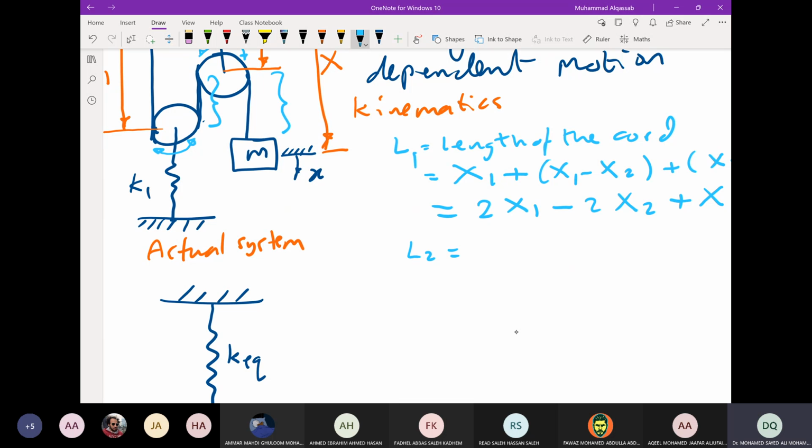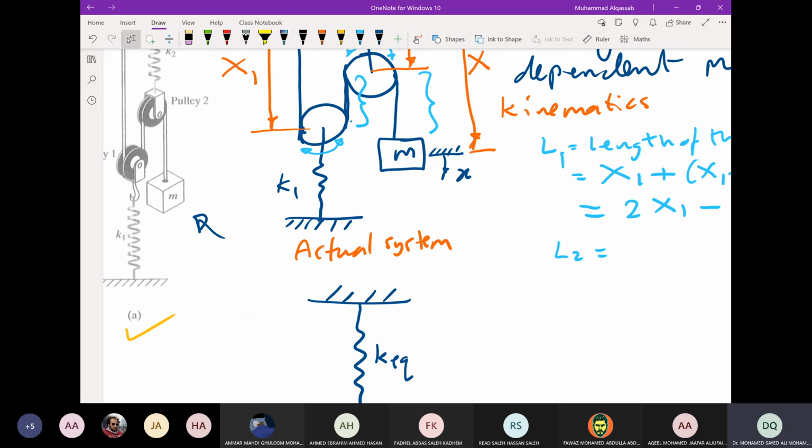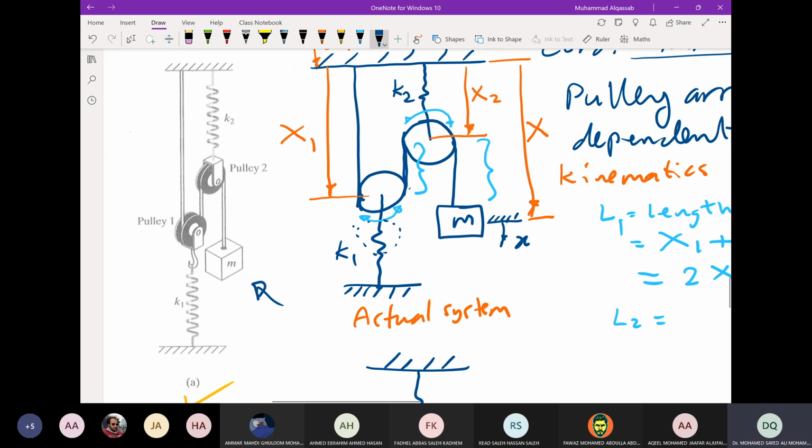And x1 moves to x1 prime, the new position. It means it will go down, and the new position will be here, which I can call x1 prime. The same for x2 prime and x prime.